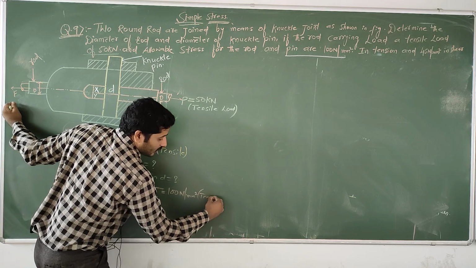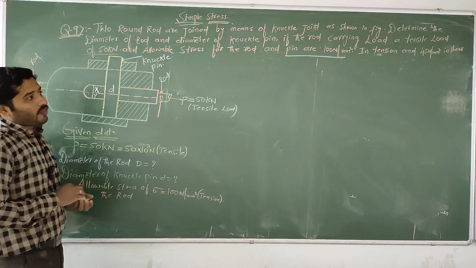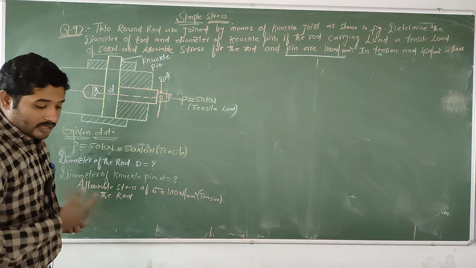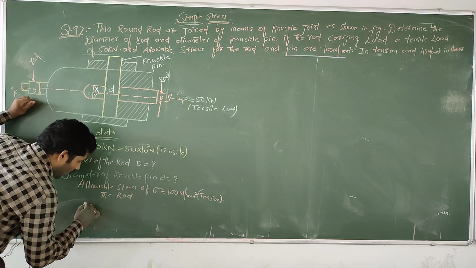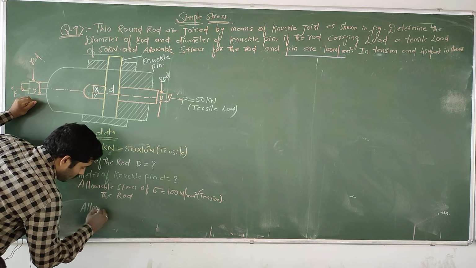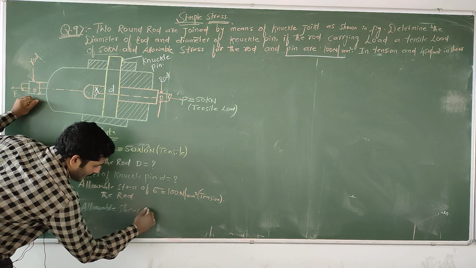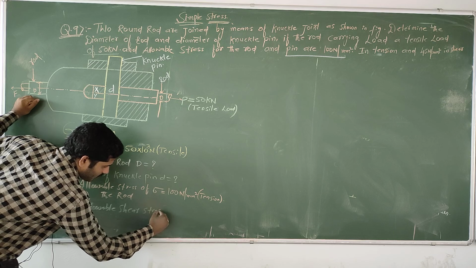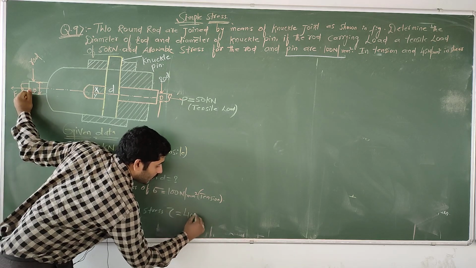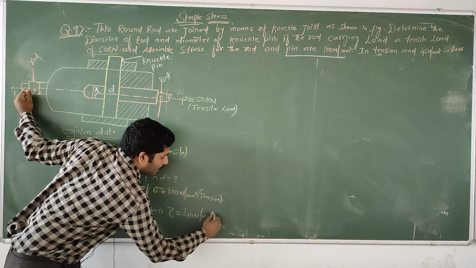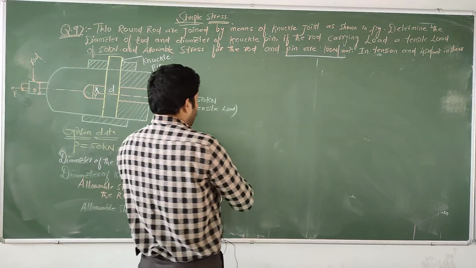The nature is tension. Is it right? And 45 Newton per mm square. So what is the nature? It is shear stress. Allowable shear stress, so tau is equal to 45 Newton per mm square. Is it right?